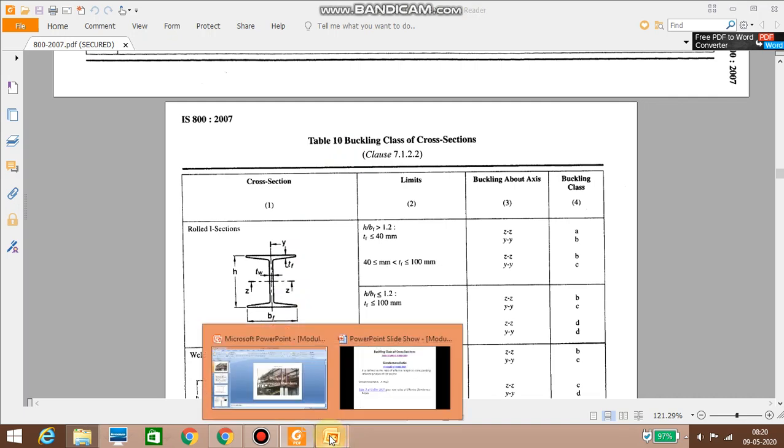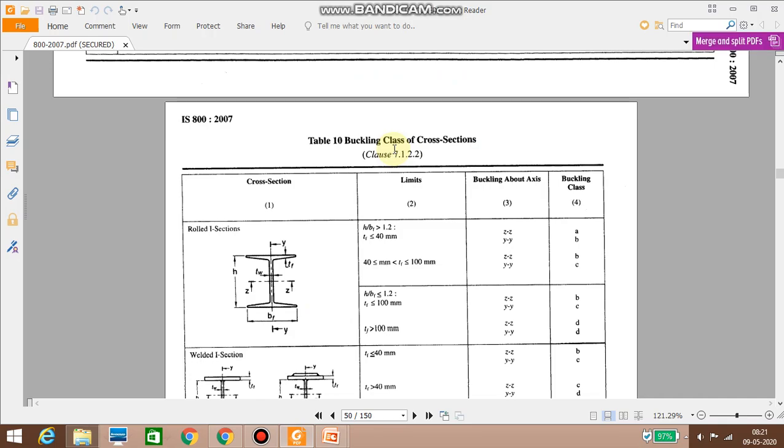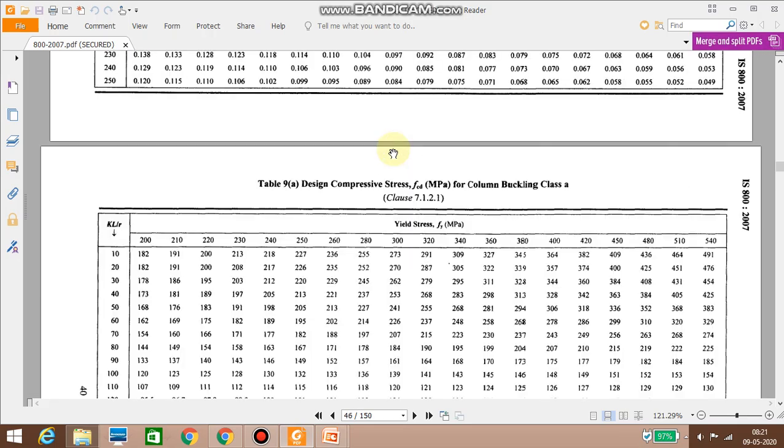Next we will see the slenderness ratio. The slenderness ratio definition we have already seen. The slenderness ratio is nothing but the ratio of effective length to the corresponding radius of gyration of the section. You can also refer to clause number 3.8 of page number 20.